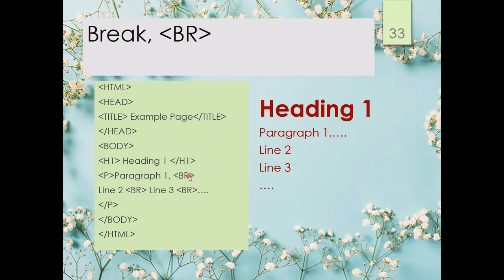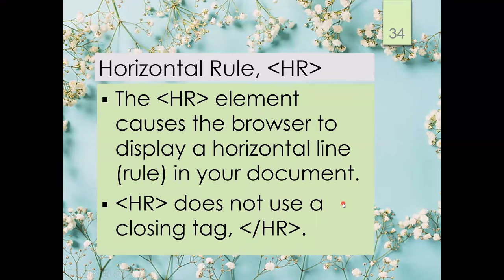So this way, anytime, despite it being a paragraph, we can manipulate our cursor to come to the very next line. We can break up the line this way. And after that, we can end our paragraph. That is the end of the paragraph.